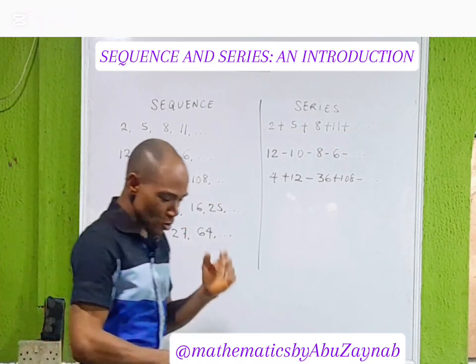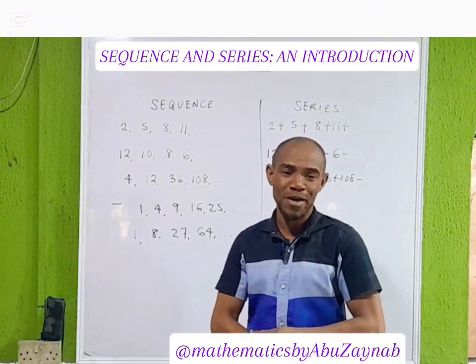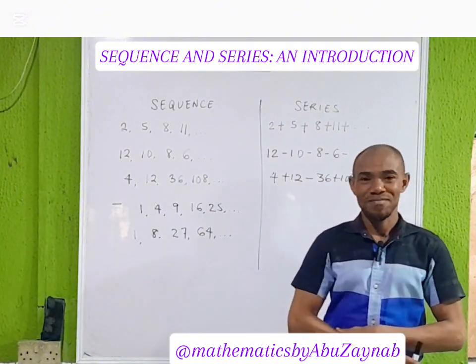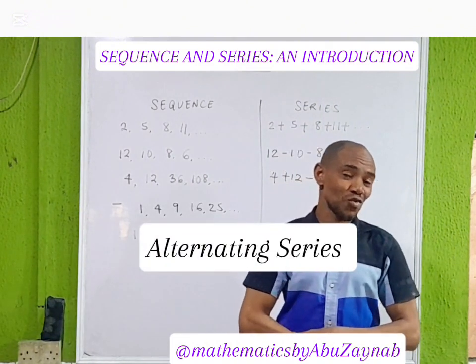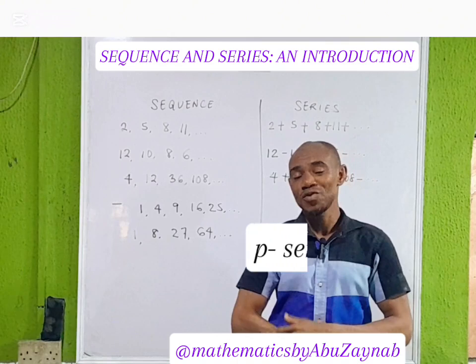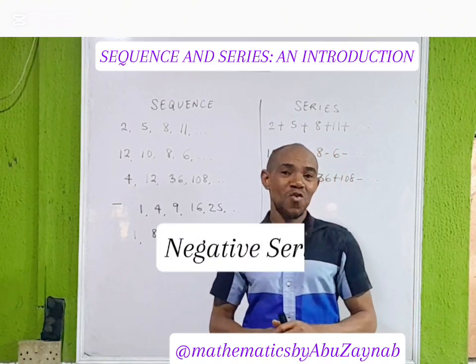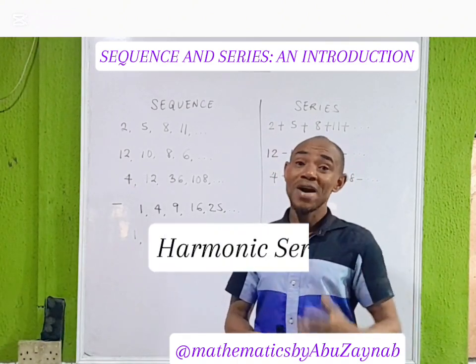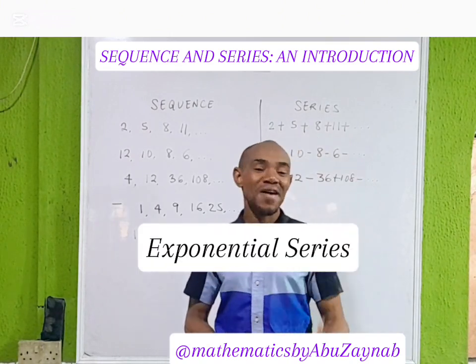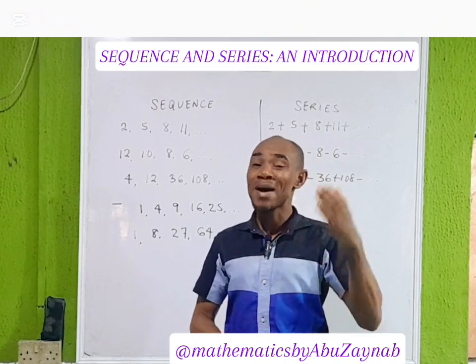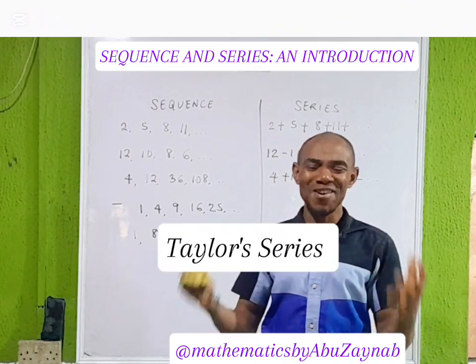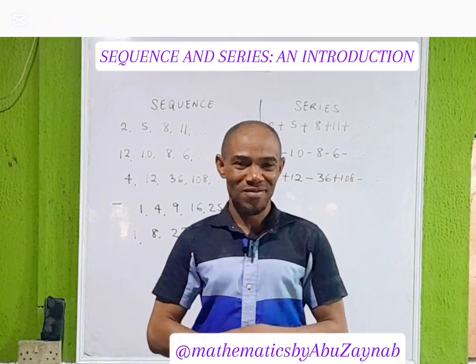Then there are quite a lot of sequences and series. To start with, we have what is called the alternating series, the P series, the negative series, the harmonic series, the exponential series, the Fibonacci sequence and series, the Maclaurin series, the Taylor series, on and on and on.